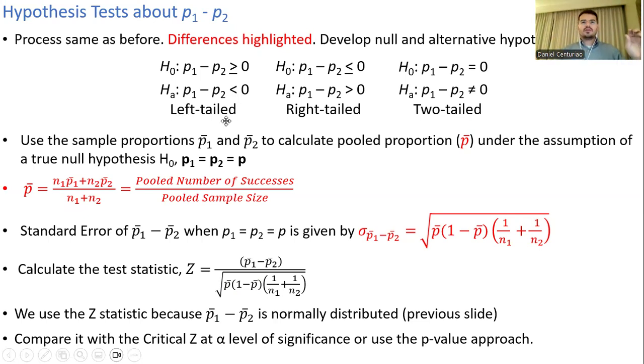So this means the side of the tail that you are selecting for your test, basically. Remember that for left-tailed and right-tailed, you're going to use the single-tailed table, and for the two-tailed, you're going to use the two-tailed table. I think some of you asked me what happens if I have a z-score that's negative.